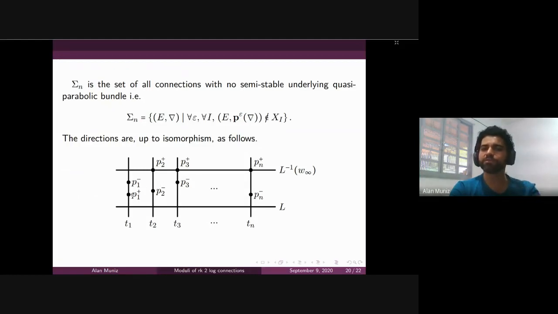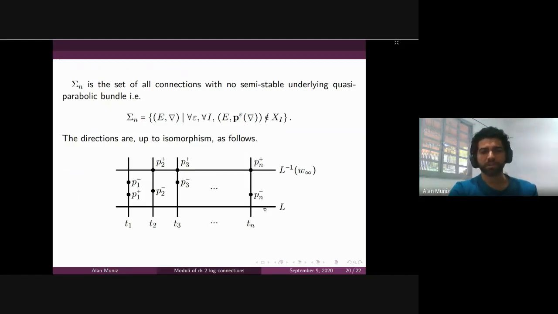We can say that this direction P1 plus is the direction given by the vector (1, 1) in some coordinates for this fiber. And as soon as we fix this direction as (1, 1), all the other directions are determined. This is a very precise description of these directions.